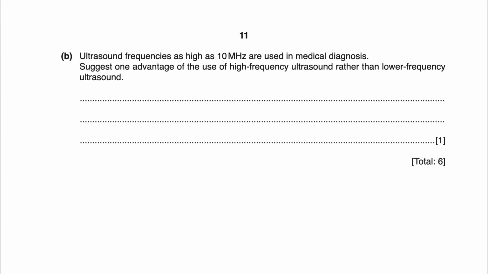Ultrasound frequencies as high as 10 megahertz are used in medical diagnosis. Suggest one advantage of the use of high frequency ultrasound rather than lower frequency ultrasound. Okay, they are simply asking why they are using higher frequency, not lower frequency.